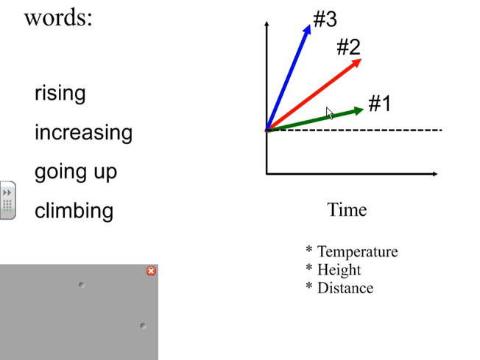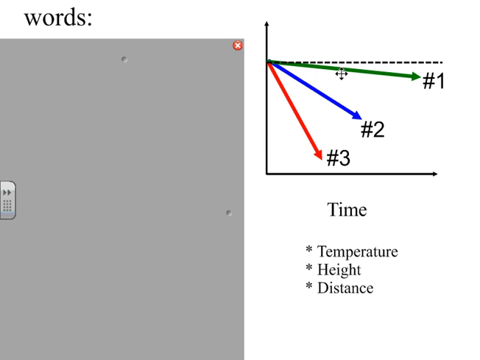And again, in reference to steeper lines, number 3, the blue line, is climbing a lot faster or a lot quicker. Line number 1, the green line, is increasing at a very slow rate, where line number 2, the red line, is an average rate. Still increasing, but at an average rate.